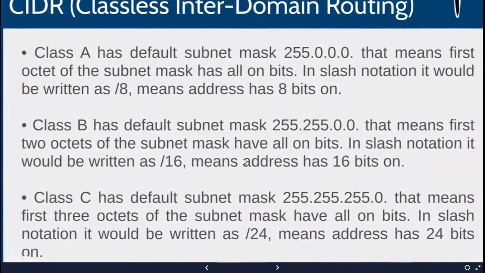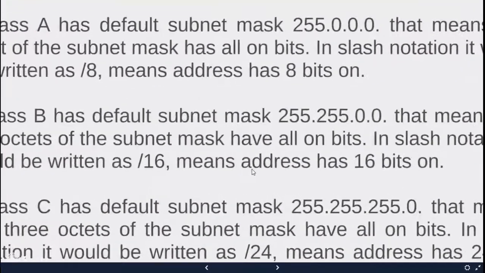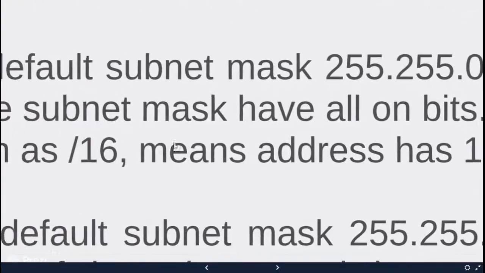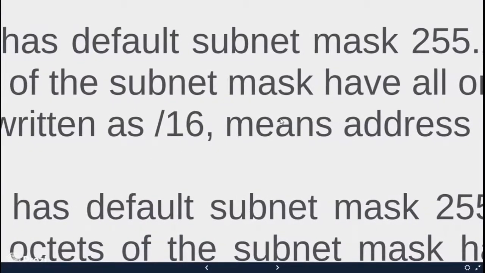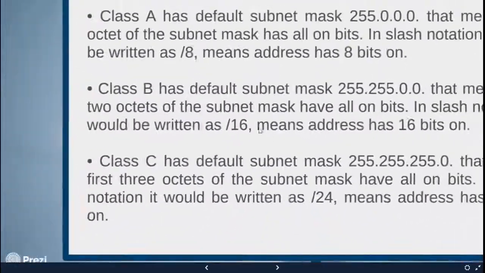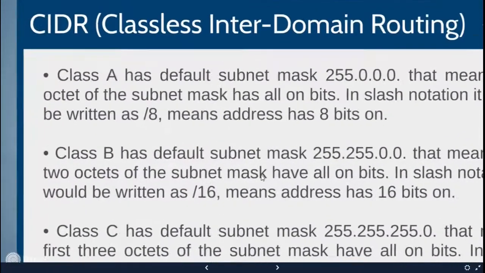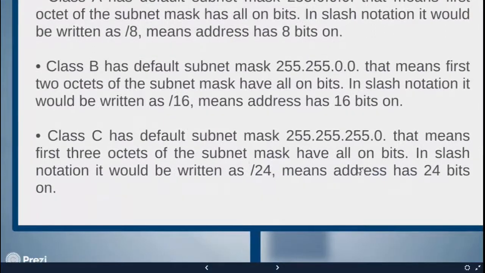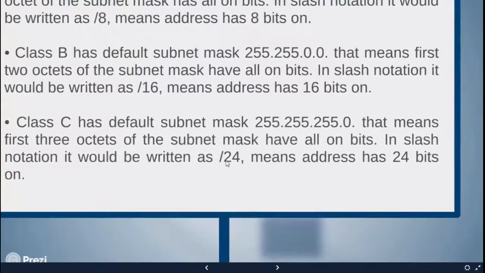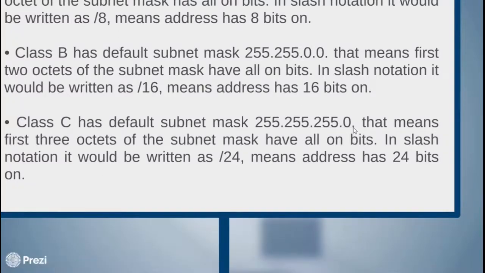That's why when you denote it, let's say for example /16, that means it's using the Class B. For /8 it's Class A, and finally Class C is /24. So 255.255.255.0 is Class C.